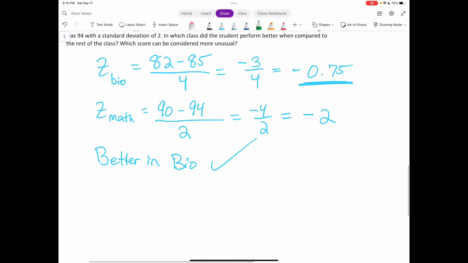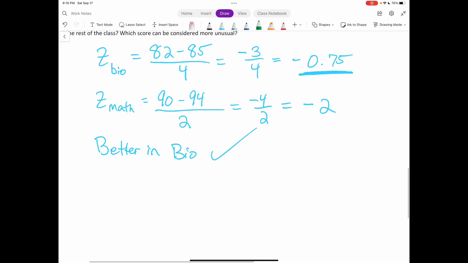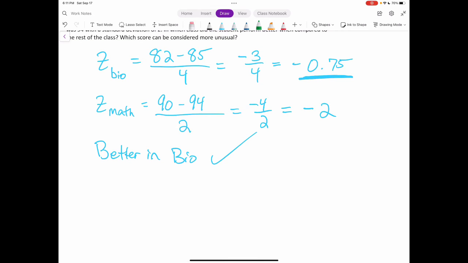All right, the next part of that question asked about which score can be considered more unusual. Well, the way that you figure out which data value is more unusual is you look at the z-score.